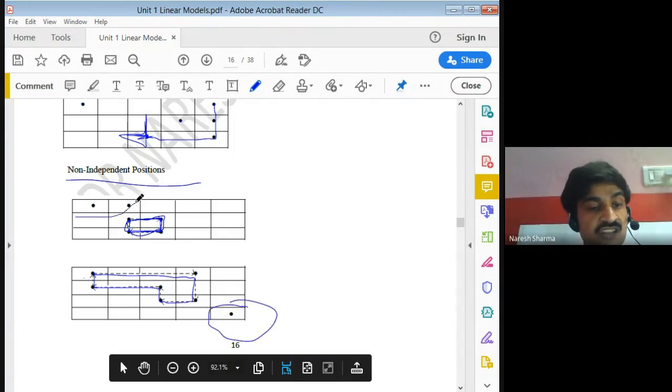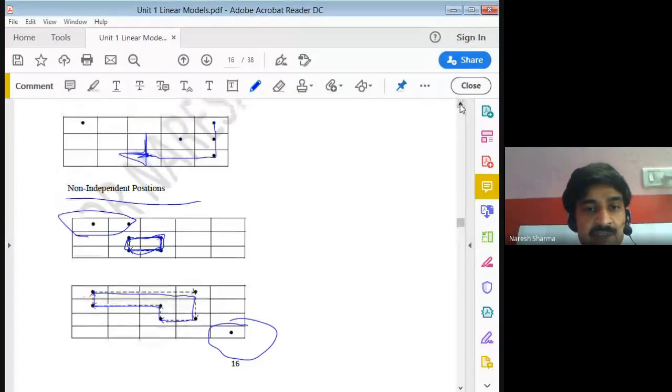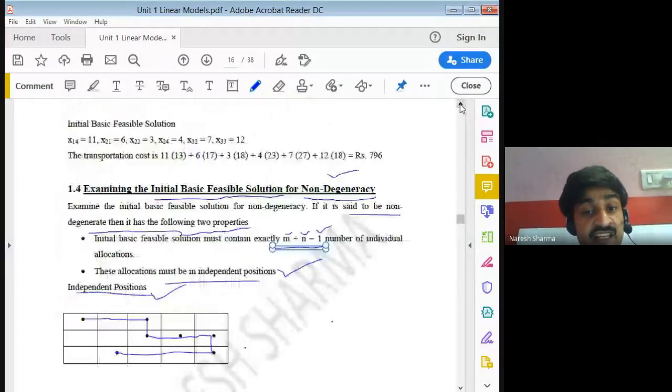If you find any one closed circuit in the allocation by joining the points, that means this is not independent, that means dependent positions. If positions are dependent, it is a degenerate case.